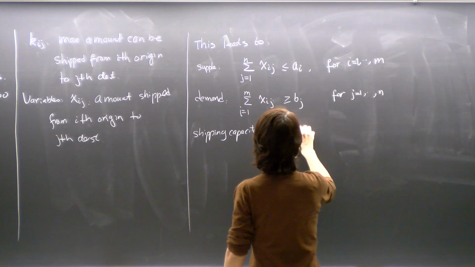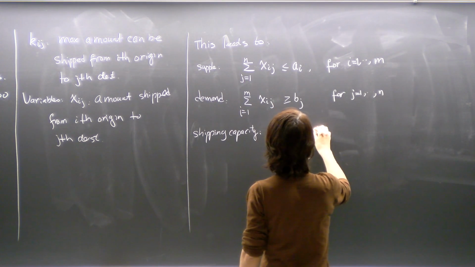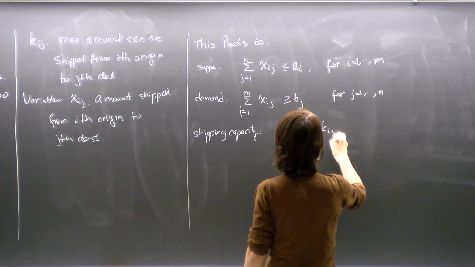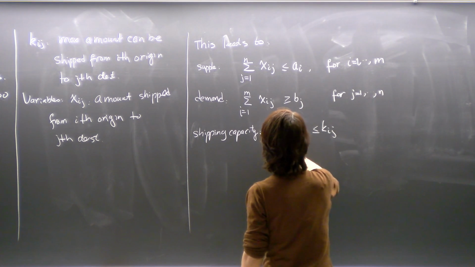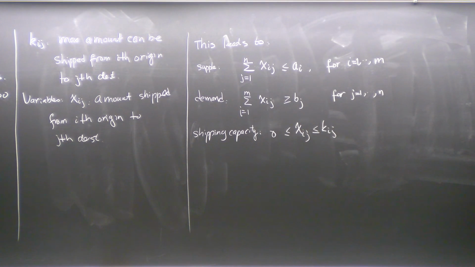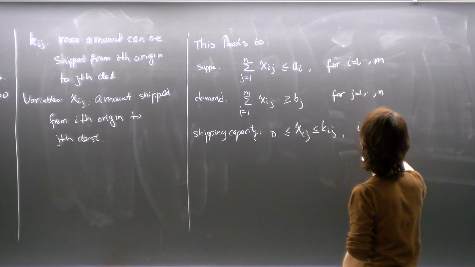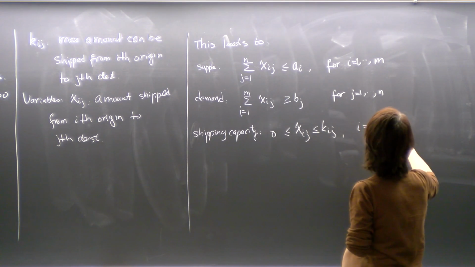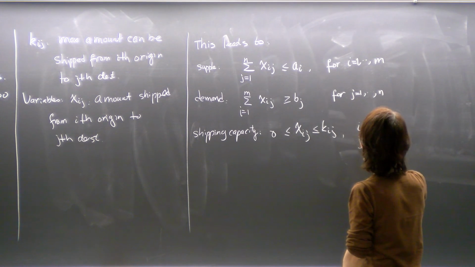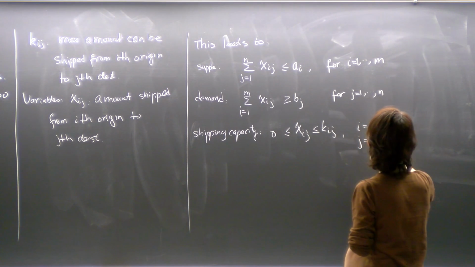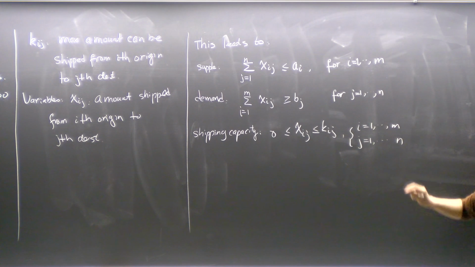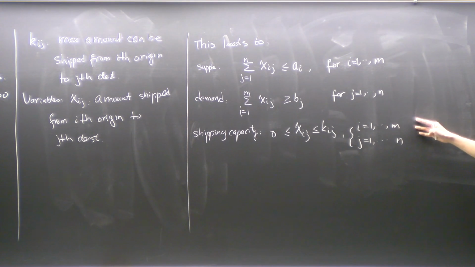So x_ij must be less than this k_ij, and it's also non-negative. Okay? And this holds for all i from 1 to m and j from 1 to n, any pairs. So this actually gives you m times n constraints right here, tons of them. So overall, a lot of constraints.